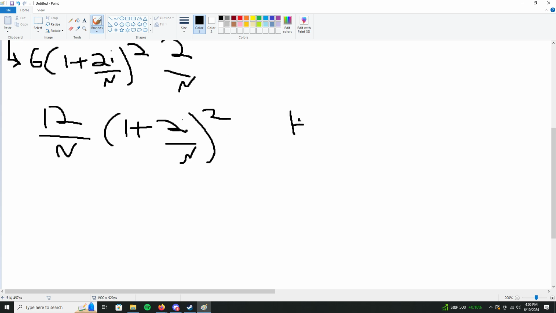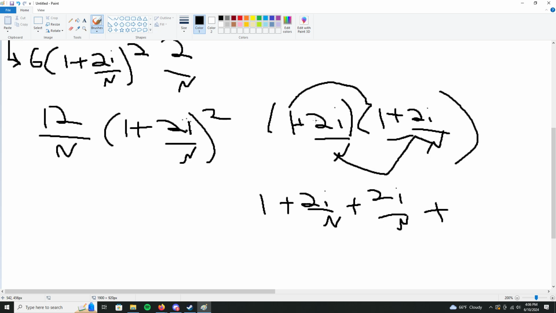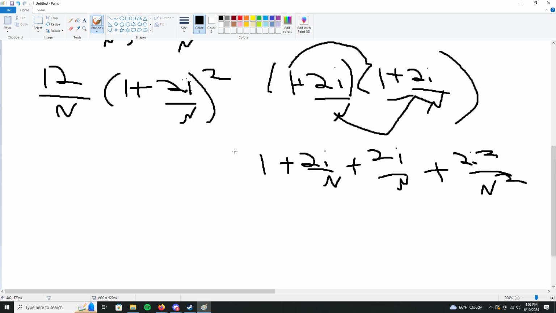So this would be 1 plus 2i over n, times 1 plus 2i over n. 1 times 1 is 1. 1 times 2i over n is 2i over n, plus 2i over n, plus 2i over n times 2i over n, which just becomes 4i squared over n squared. All with 12 over n out in the front.